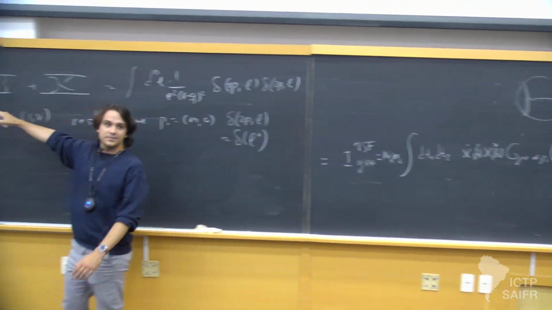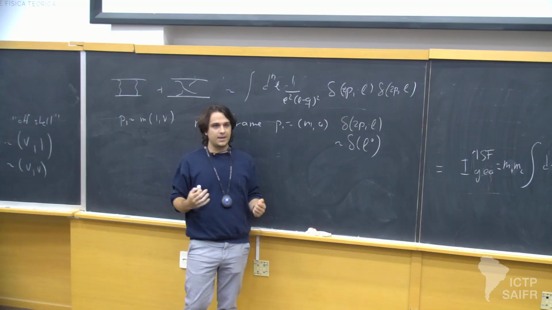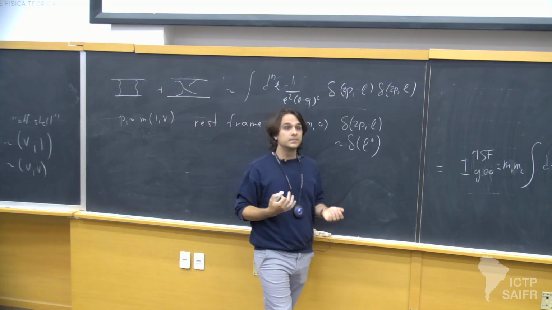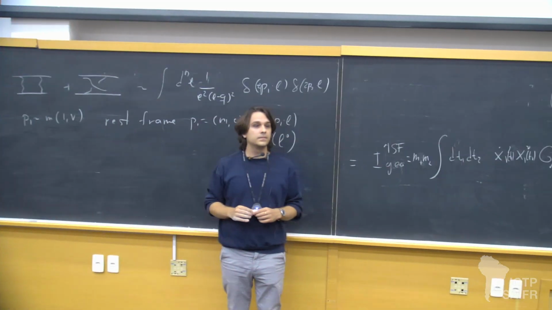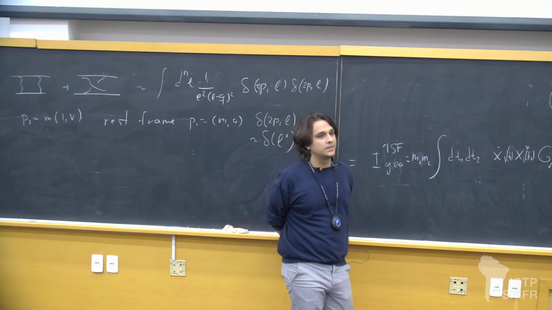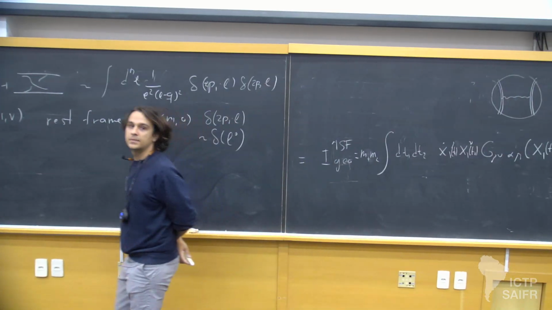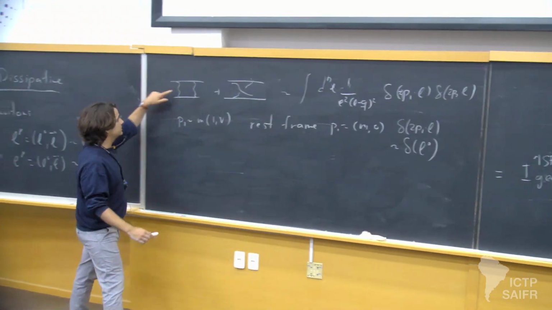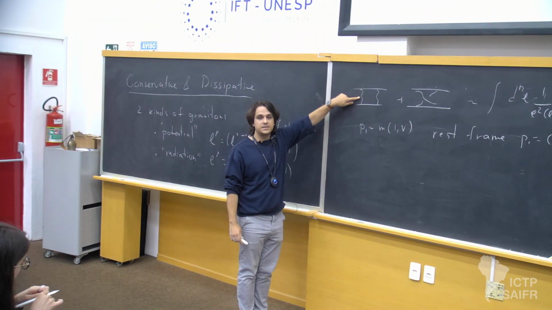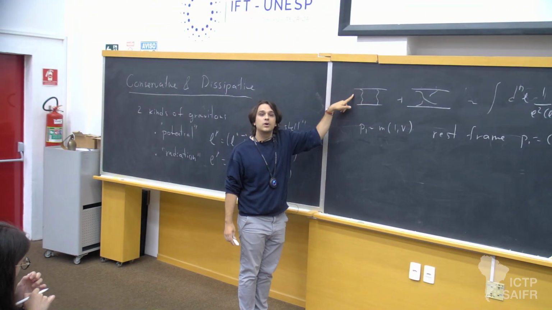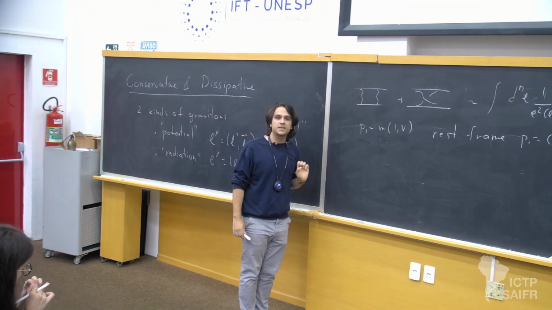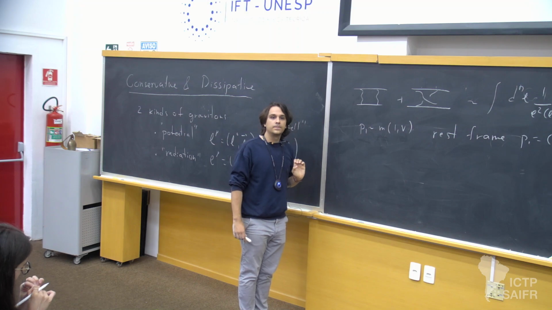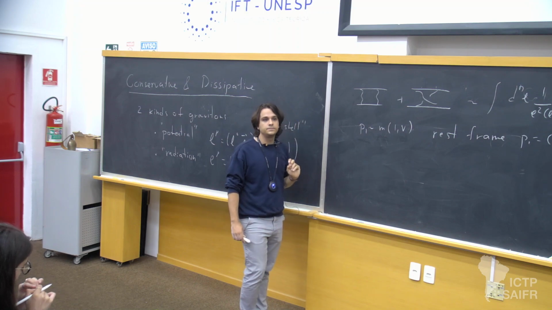The kinematics don't allow it. That's the statement. Yes, but just looking at the diagram, you're seeing that there's no graviton escaping. Yeah, this can never go on shell. That's the statement. These legs can never go on shell in the kinematics that we're considering.